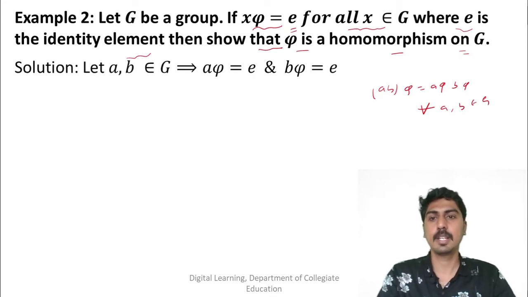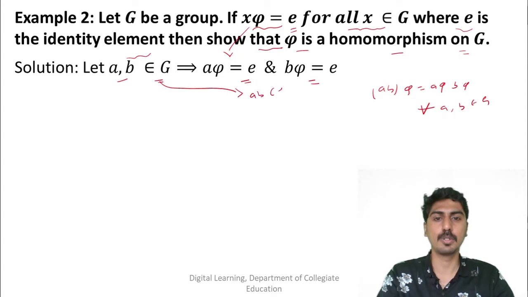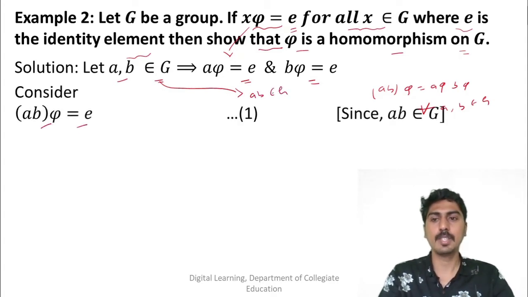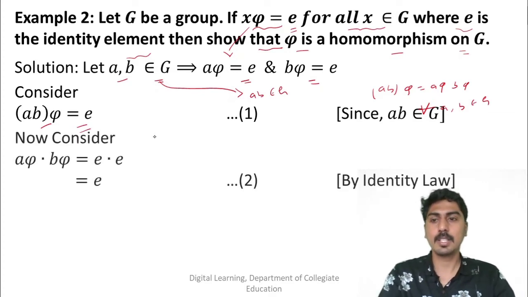First, let us take A, B in G. By the definition, A phi is equal to E and B phi is also equal to E. By the closure law, since A, B belongs to G, AB also belongs to G. Hence, AB phi is equal to E. Now I consider A phi into B phi.